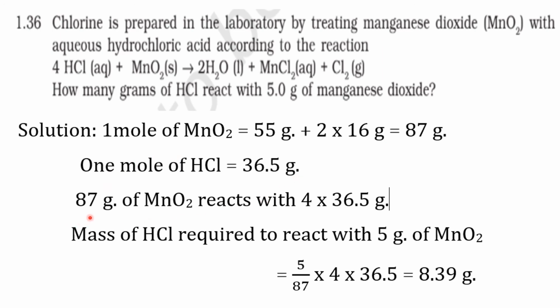Now 87 grams of manganese dioxide reacts with 4 into 36.5 grams of HCl, as given in the equation: 4 moles of HCl react with 1 mole of manganese dioxide. Now the mass of HCl required to react with 5 grams is 5 by 87 into 4 into 36.5, which is equal to 8.39 grams of HCl.